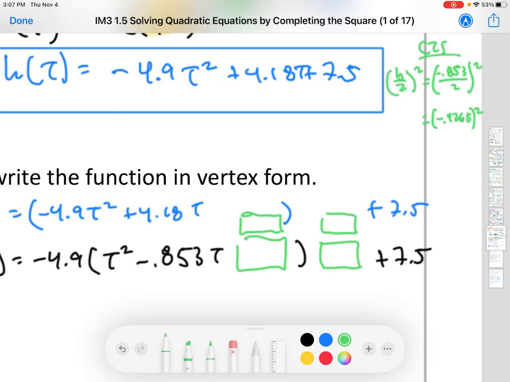And now we're going to square that, multiply by itself, and we're going to get 0.1819. Okay, so that goes here in the green.